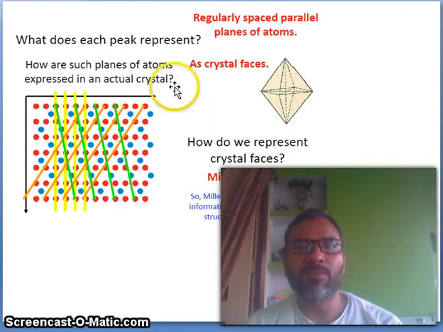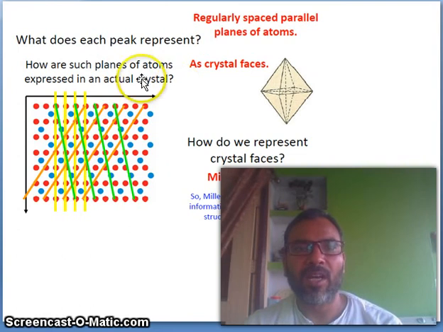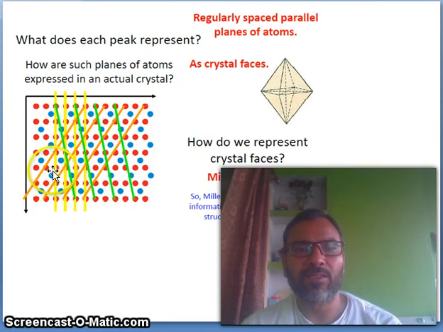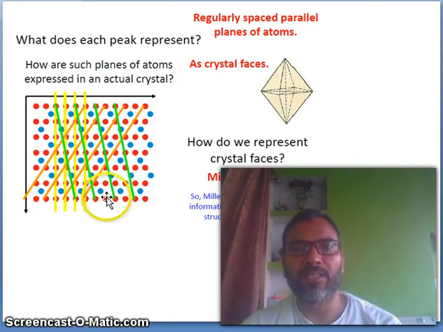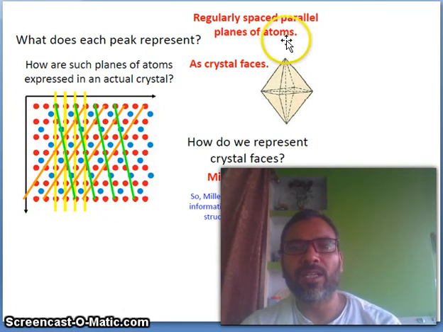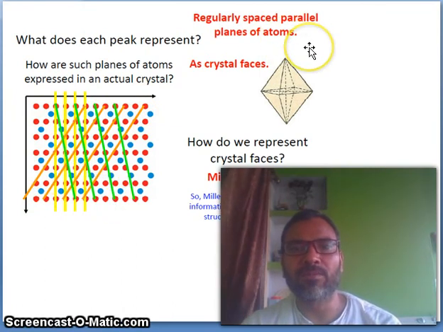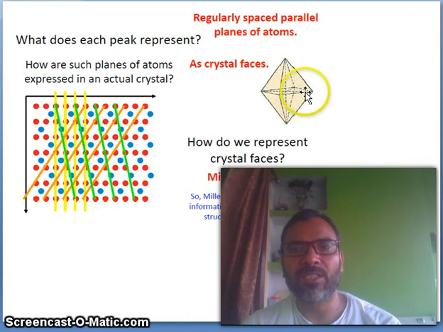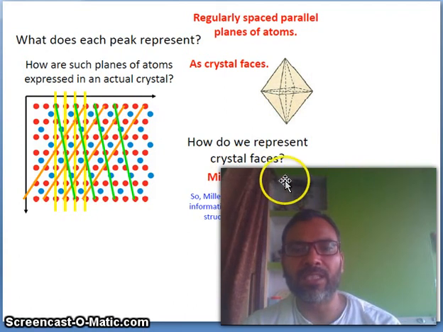Now what does each peak represent? How are such planes of atoms expressed in actual crystals? You see, this is yellow, you have the spot atoms, this is the plane, red, green. Regularly spaced parallel planes of atoms appear as the crystal faces; you can see the crystal faces, this face, this face. How do we represent crystal faces? Through Miller indices.